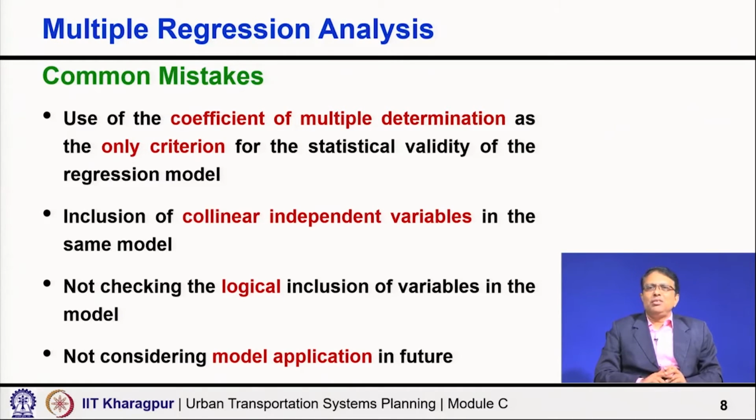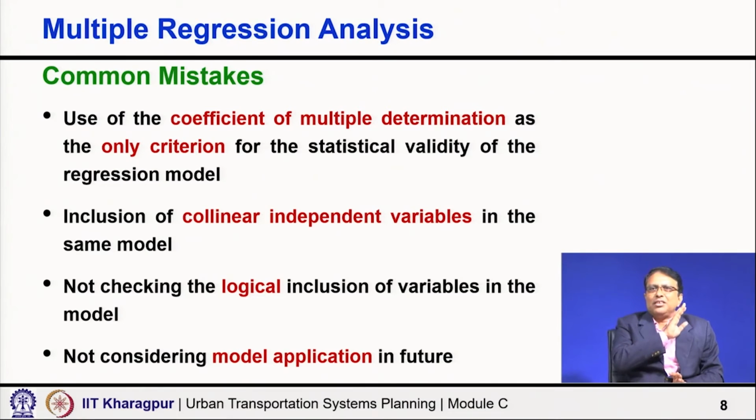I am sure some master students taking this course will ultimately give at least one equation in your thesis, whether you do experimental work, pavement engineering related work, or planning or traffic. In most cases I find people report only R square and try to conclude based on the R square, which is wrong.